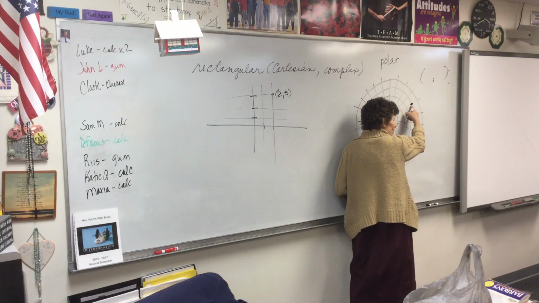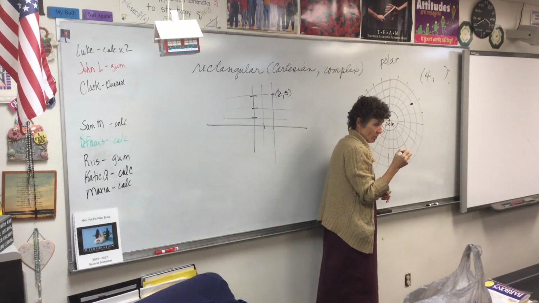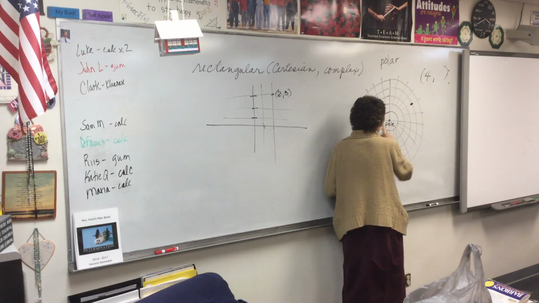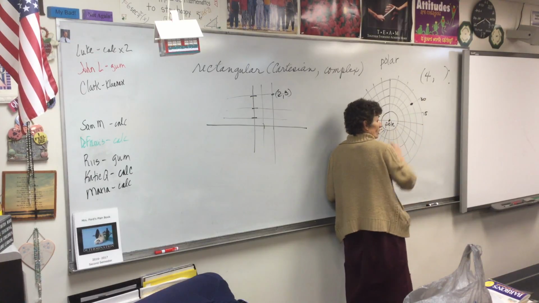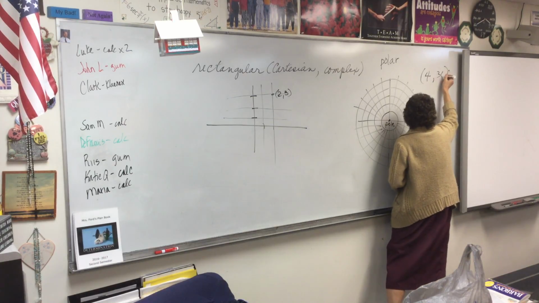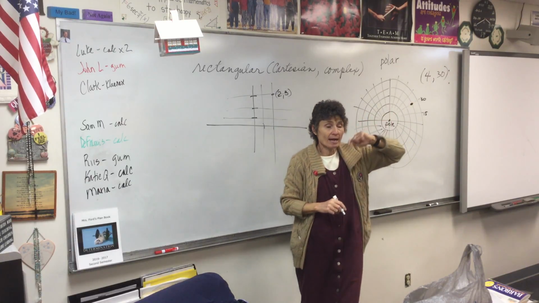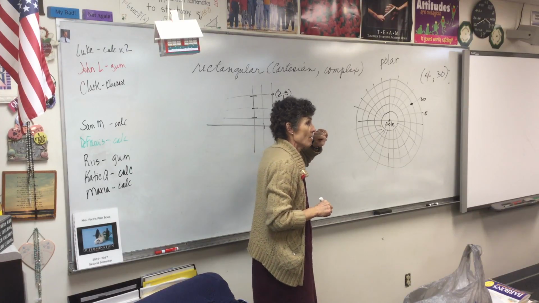I'm 4 units out. At what angle? Because there's lots of points that are 4 units out, right? But I want the particular one that is at an angle of 30 degrees. So this point right here would be identified in polar coordinates as the point 4, 30.